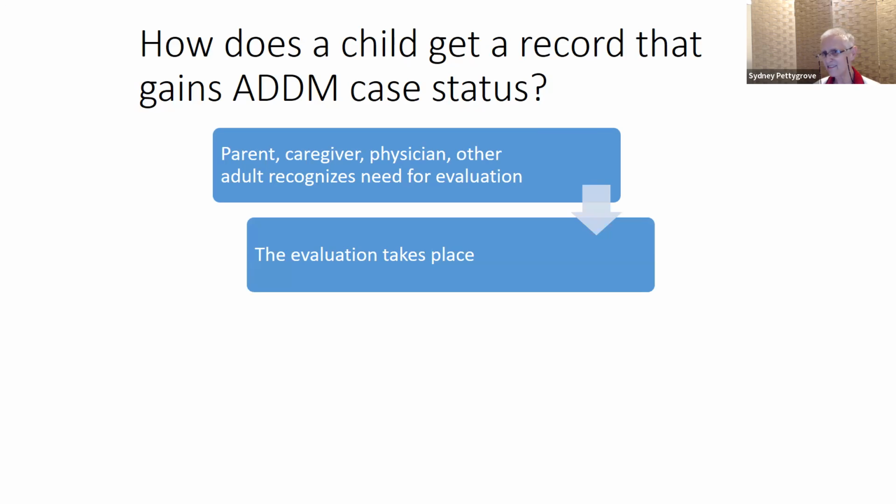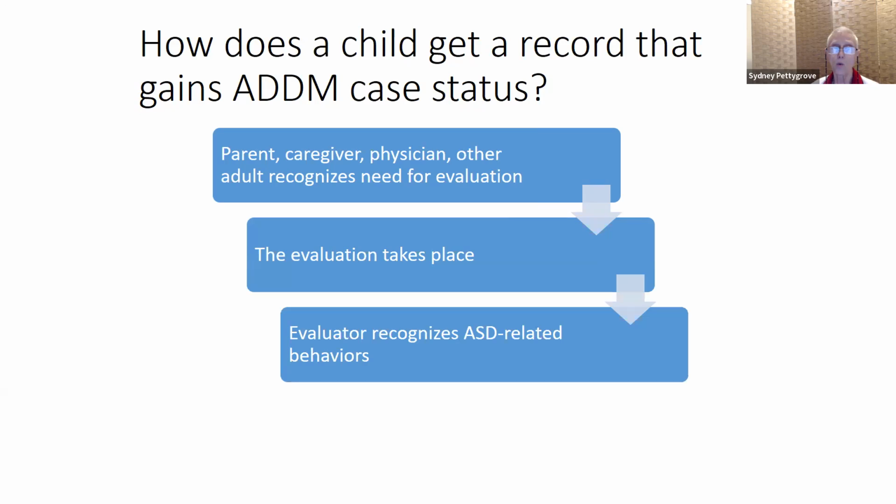Next, that evaluation actually does have to take place, which it may or may not for various reasons. Once the evaluation is taking place, it has to be conducted by an evaluator who recognizes the ASD-related behaviors as being potentially indicative of ASD.